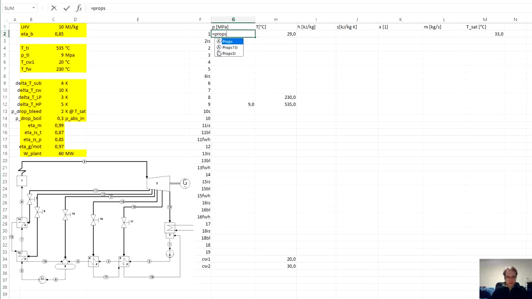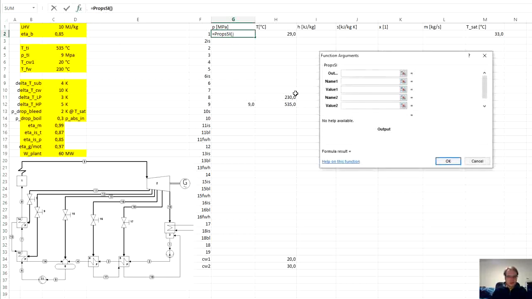So again, function PropsSI, where we want to get pressure based on temperature, which is the saturated temperature, and quality with any value between 0 and 1, and where our working fluid is water.